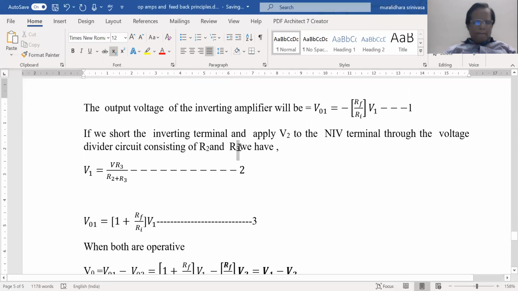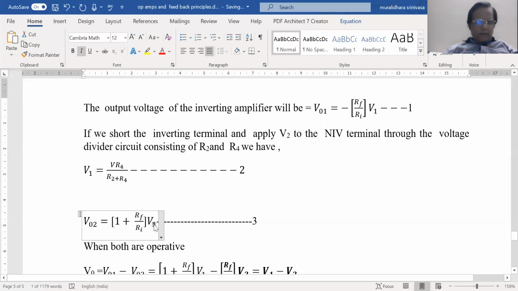So then it is equal to VR4, sorry, V2 into R4 by R2 plus R4. The gain is VO2 equal to 1 plus RF by RI. This is due to the non-inverting terminal.